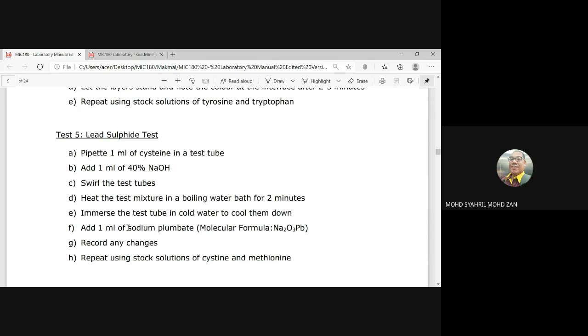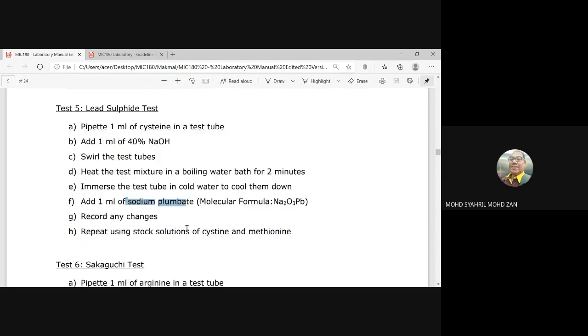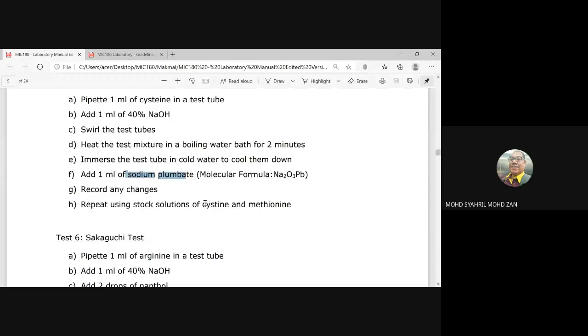We're using sodium plumbate. This sodium plumbate will react with the sulfur ions. You will get particles, a black precipitate, right? We're using another amino acid, that is cysteine and methionine.